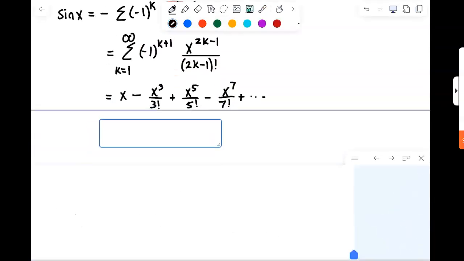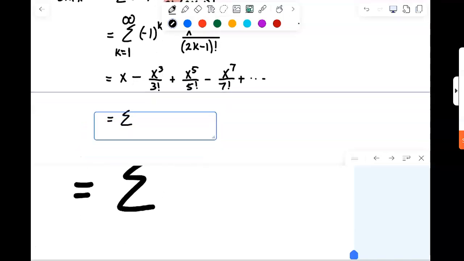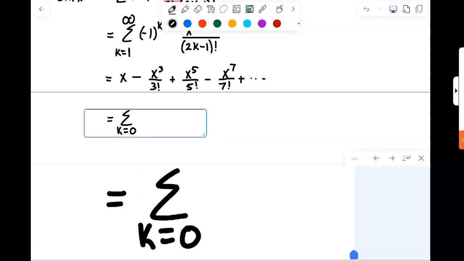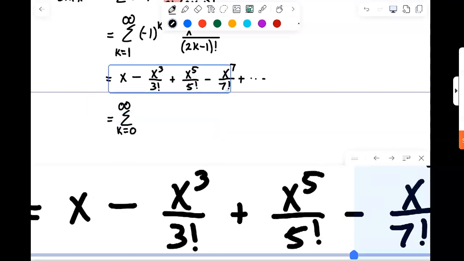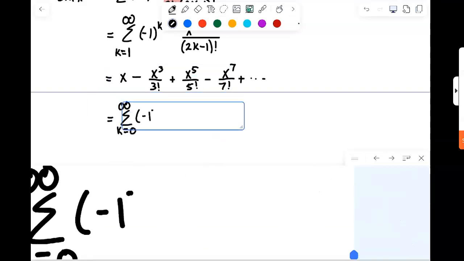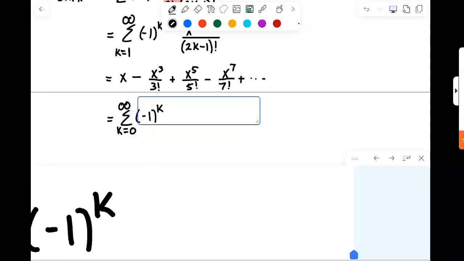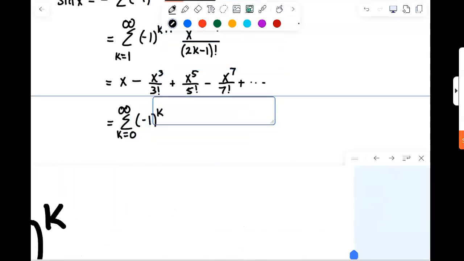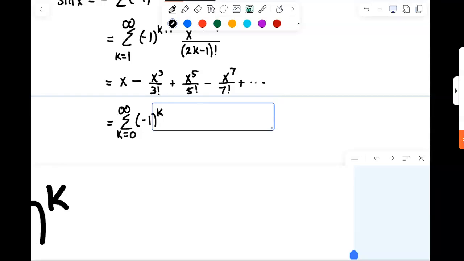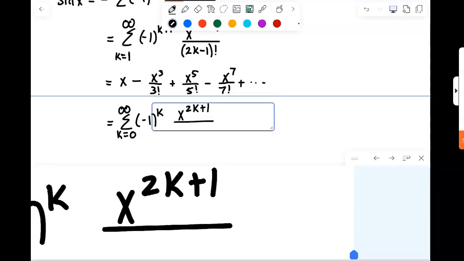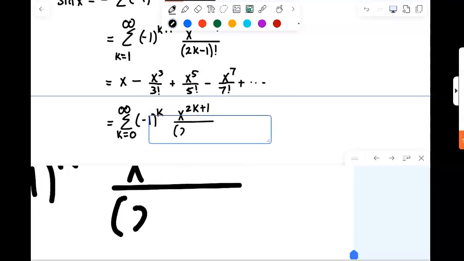So we can write this down as the series as k goes from 0 to infinity. I want the first term to be positive, so I'm going to make it minus 1 to the k now. And then I replace my odd numbers. So that'll be x to the 2k plus 1 over 2k plus 1 factorial.